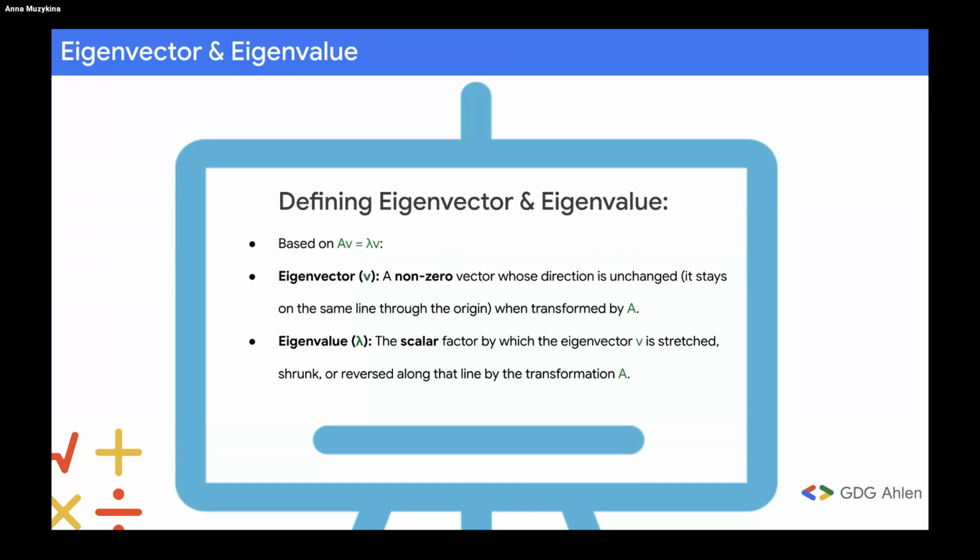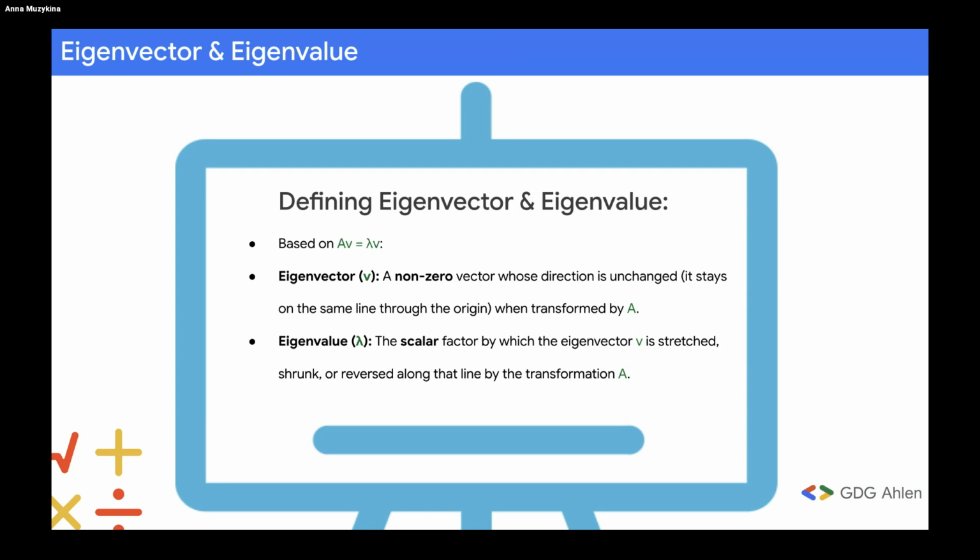An eigenvalue, represented by lambda, is the specific scalar number associated with a given eigenvector. It tells us precisely how much that eigenvector v was scaled along its line during the transformation. If lambda is 3, the vector tripled in length.